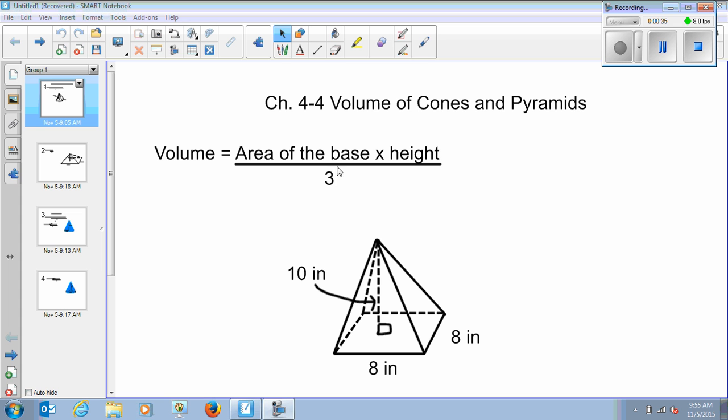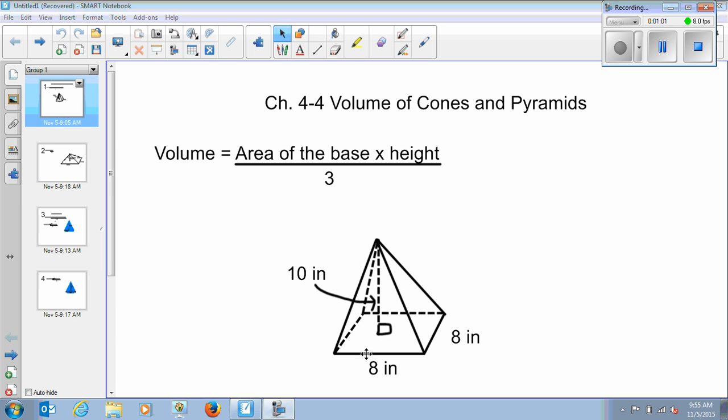So the first thing we have to really realize is what type of shape the base is. In this first example, we look down at the base of this pyramid. We see that the base is a rectangular looking figure, but because of the label of the sides, I know that it's actually a square because this side is 8 and that side is 8. So now I have to use my brain to figure out, okay, the base is a square, how am I going to find the area of the base?